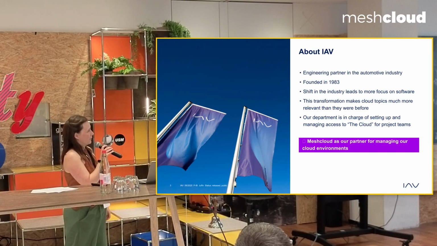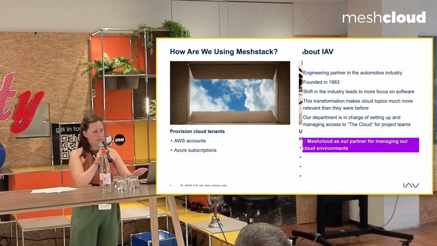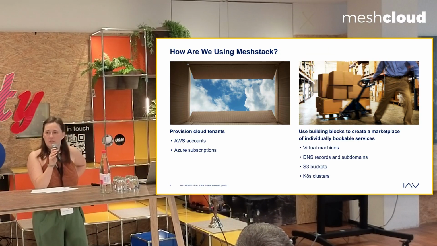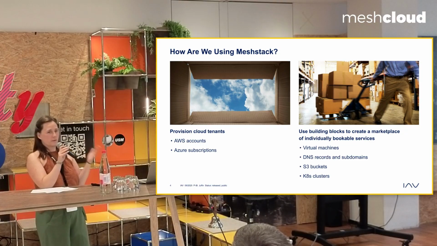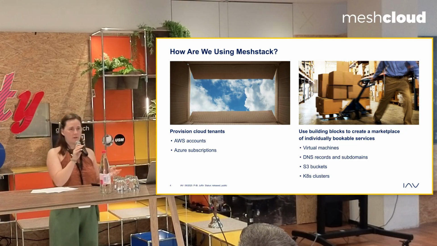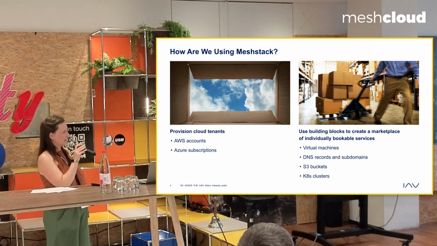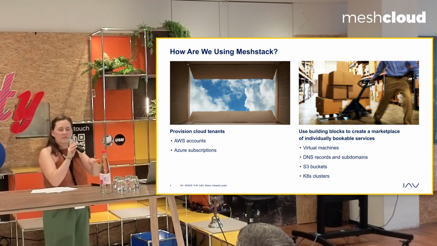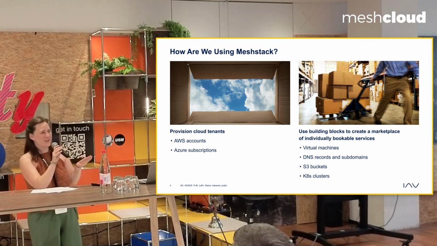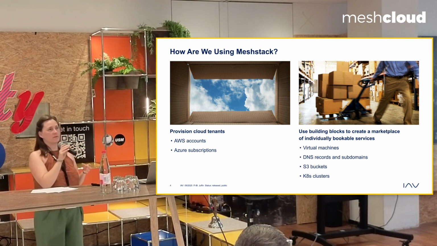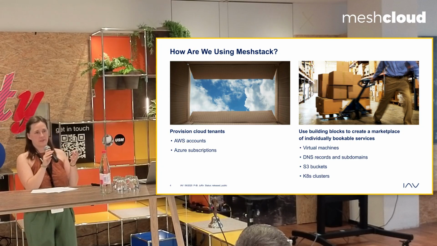So we're using meshcloud, the meshStack. First of all, for the classic features, we provision AWS accounts and Azure subscriptions for our internal customers or colleagues. And that works very well. But that's not what I'm talking about today, because we're also using building blocks a lot, especially for provisioning standalone services.